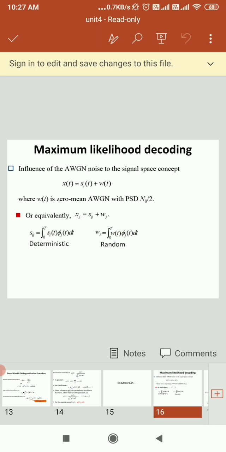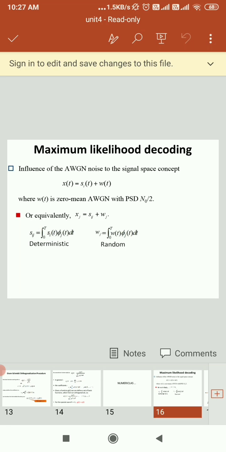So you will get the random process equal to the signal which we are transmitting plus additive white Gaussian noise with mean equal to 0. So you can take the random process x of t equal to Si of t plus the white noise W of t. Here the noise is AWGN noise with zero mean, with power spectral density N naught by 2.